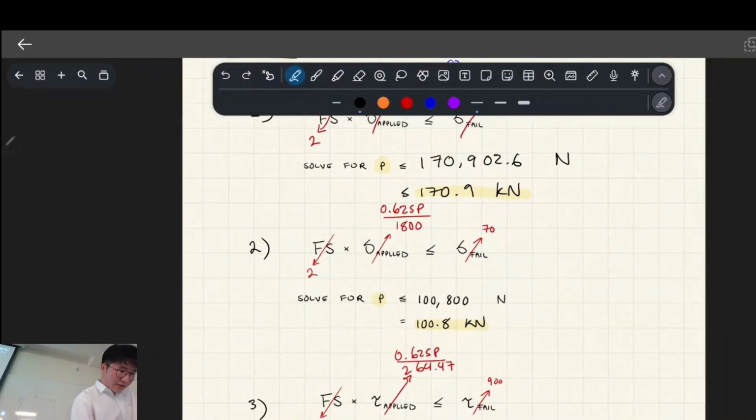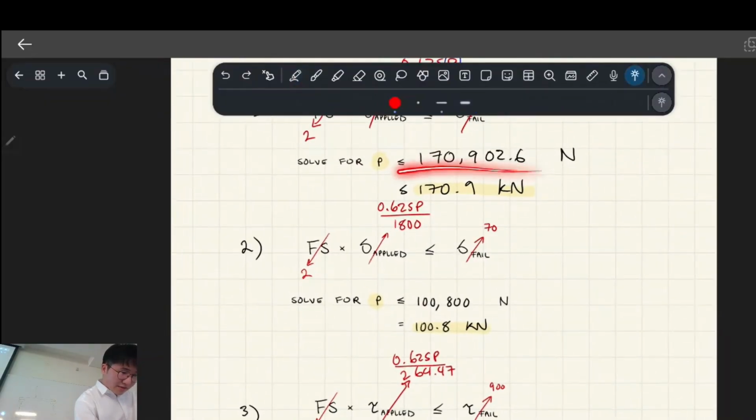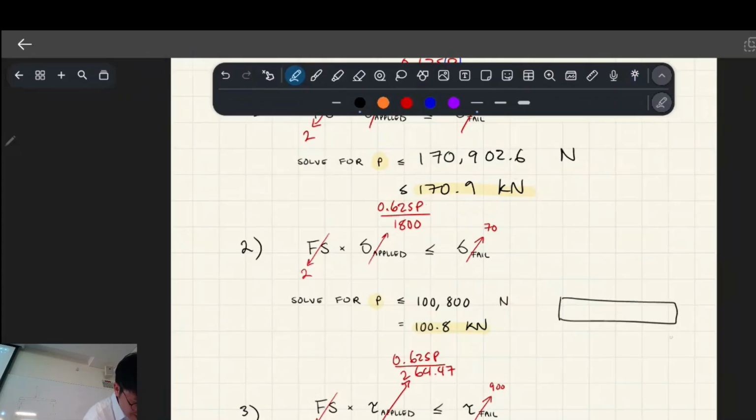All right, so based on these 3 numbers, 170, 100, and 180, which one is going to fail first? The second one, because now we've standardized them all into a force. Basically that's your HP bar.